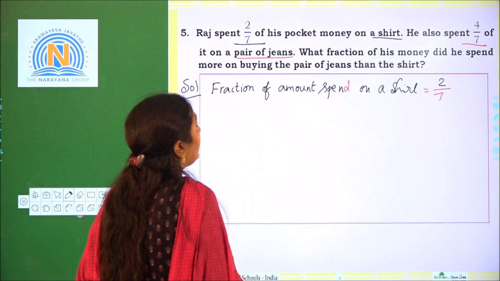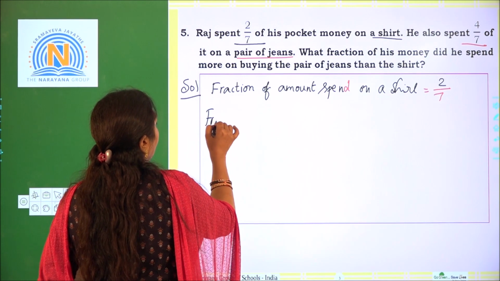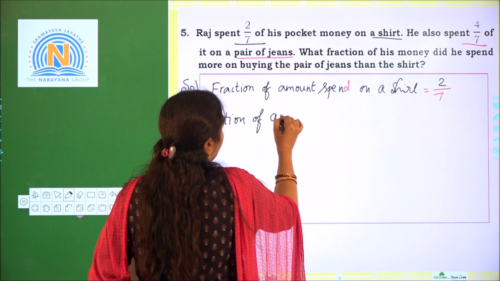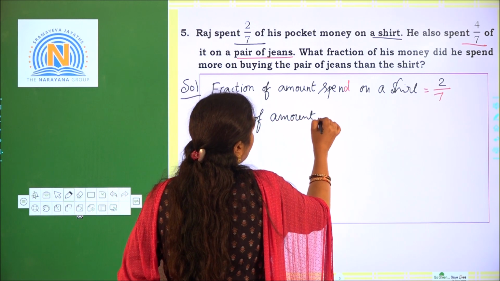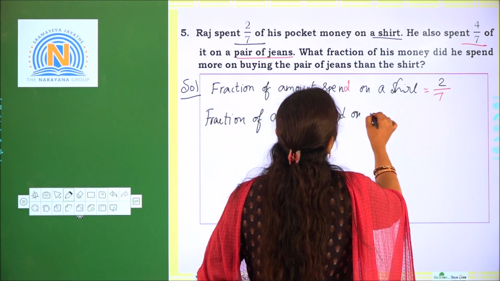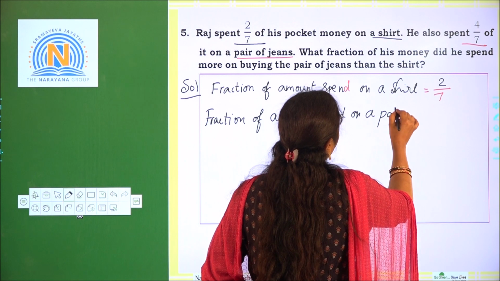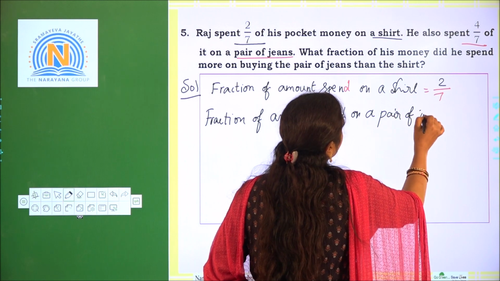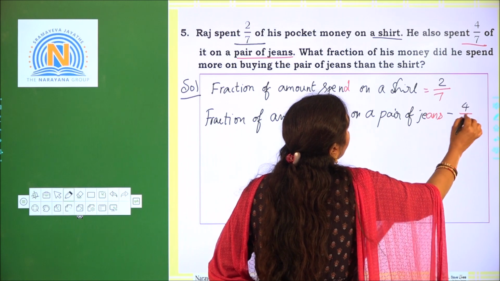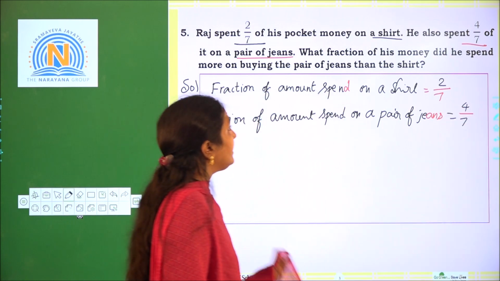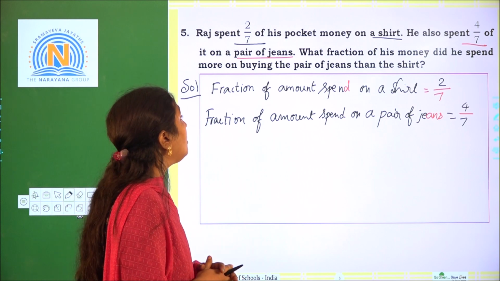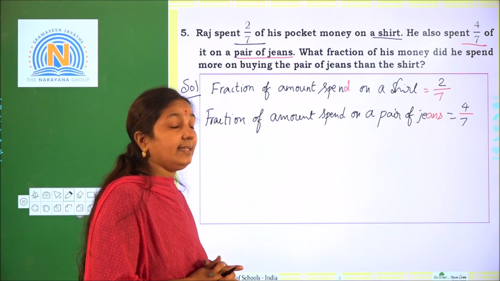The fraction of amount spent on a pair of jeans is 4 by 7. What do we have to find, children, here? What fraction of his money did he spend more on buying the pair of jeans than the shirt?